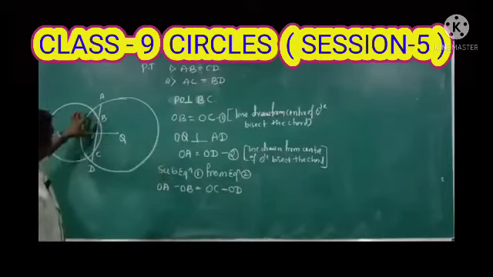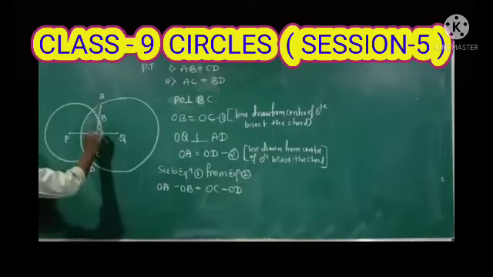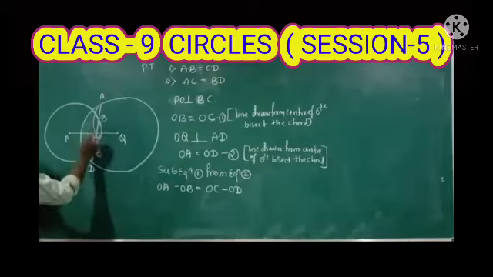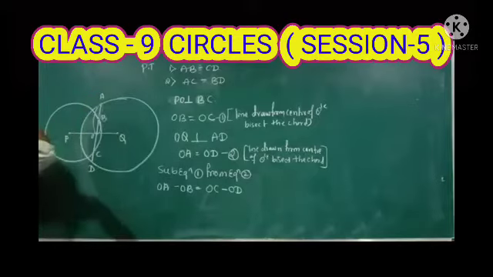OA minus OB. If I subtract the OB part from the OA part, the remaining part is AB.